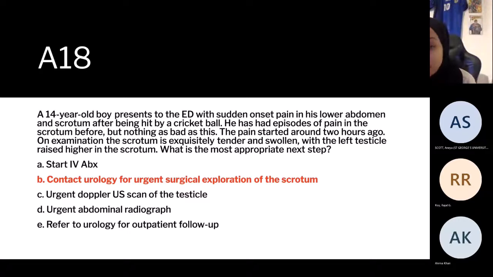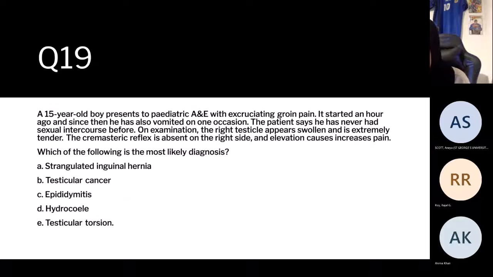You straight away want to take them to surgery because it could be testicular torsion. I hope that makes sense.